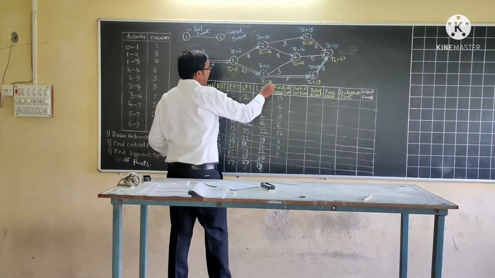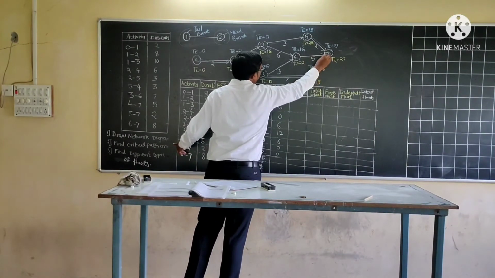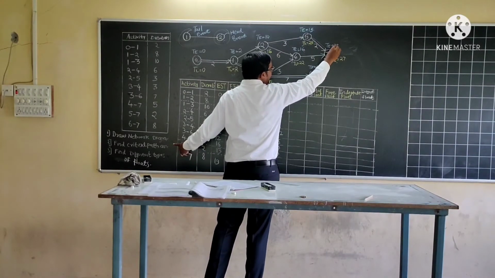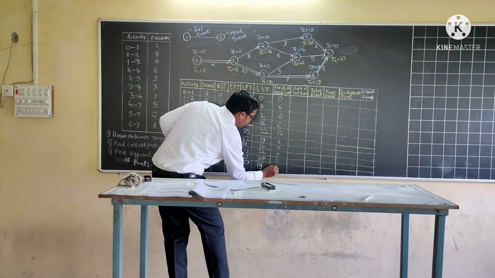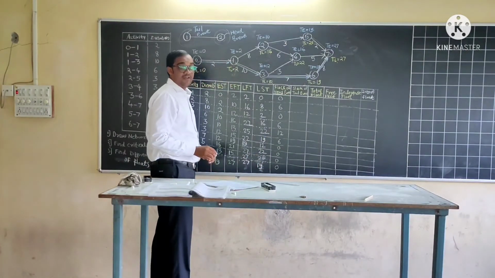Again 5 to 7, 4 to 7 and 6 to 7. For all these activities, 7 is the head event and the difference between TE and TL values is 0. So all these are the values of slack of head event.